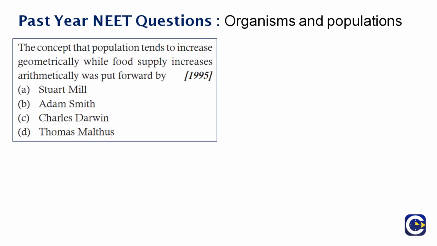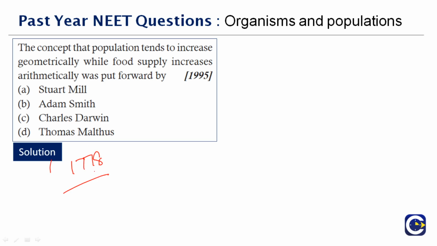Next question here. The concept that population tends to increase geometrically while food supply increases arithmetically was put forward by. So this is again a direct question. I will tell you who proposed that. It was actually proposed by Thomas Malthus. So who is this? If you see, he put the theory for human population growth, and that was in the year 1778.